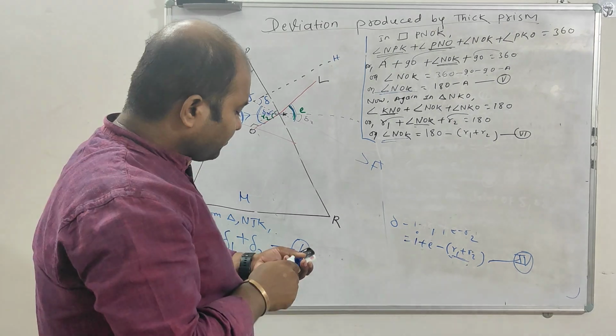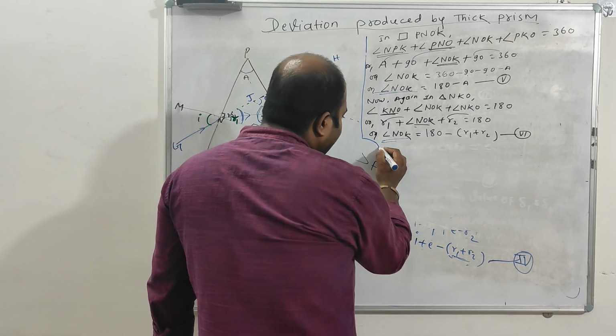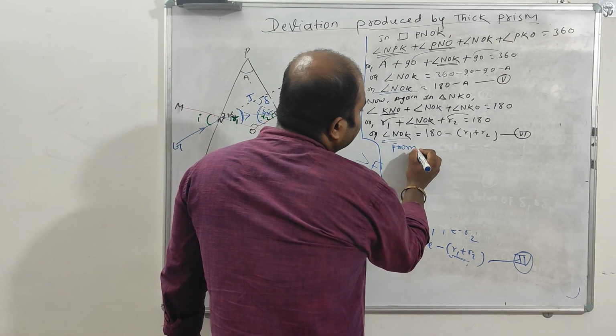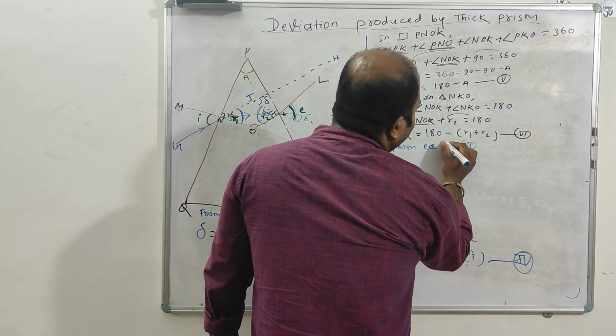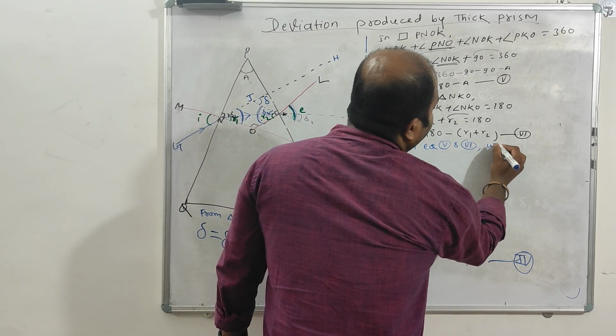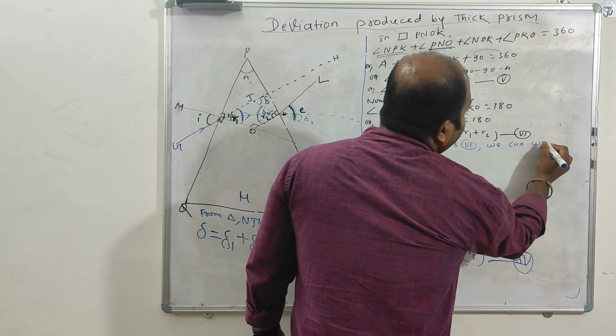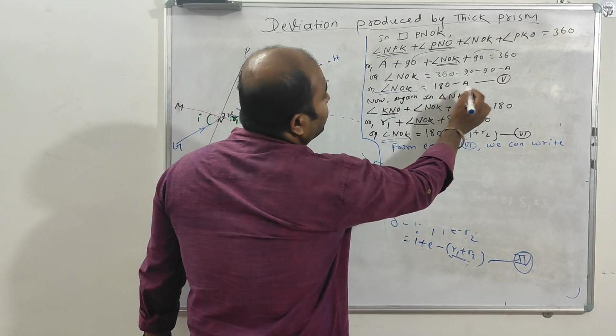Now from equations 5 and 6, we can write 180 minus A.